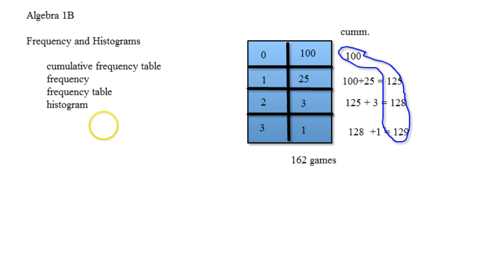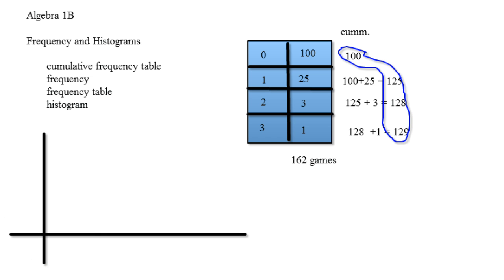Now, the other cool thing is that you can quickly change all this information into an actual histogram. So you could have 0, 1, 2, 3.